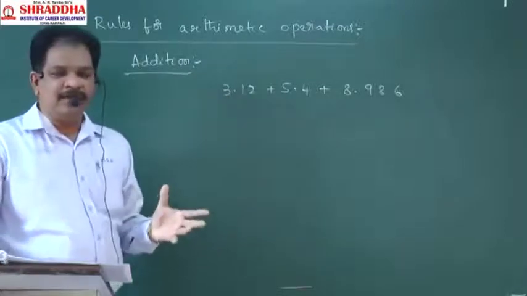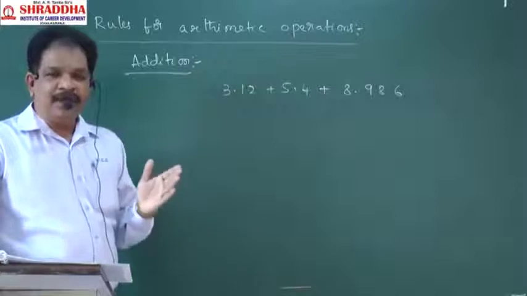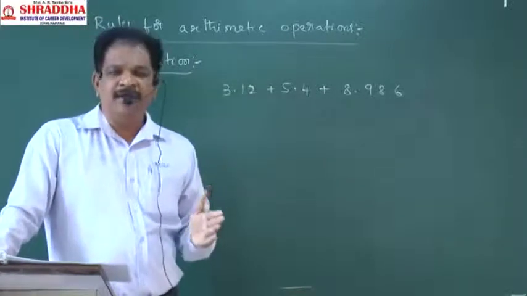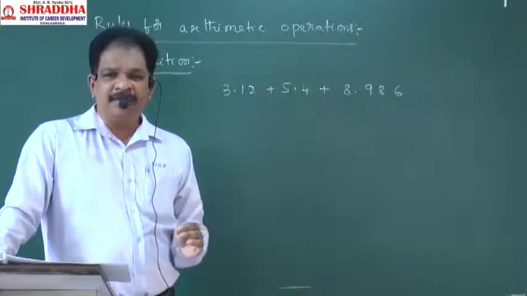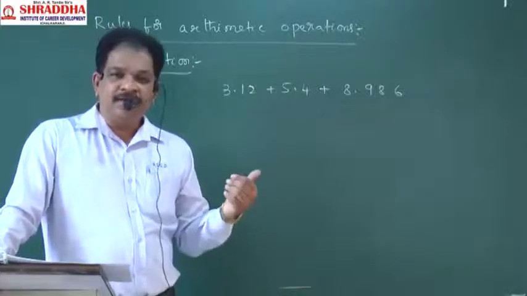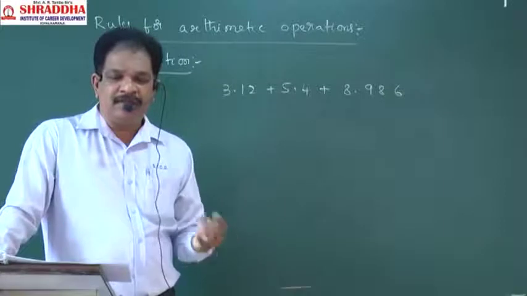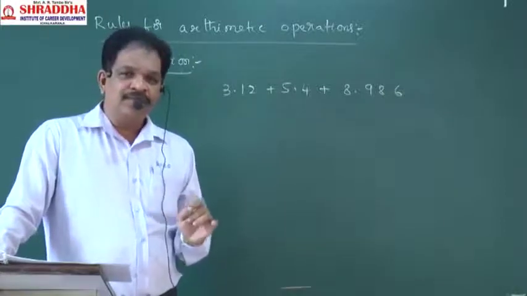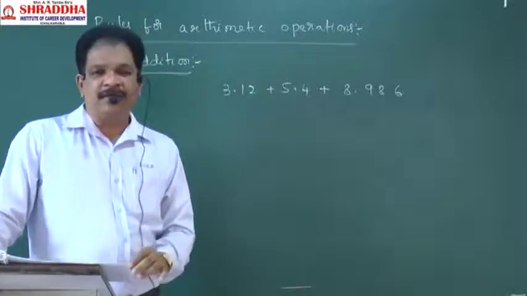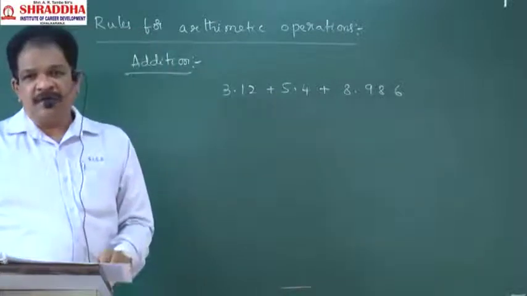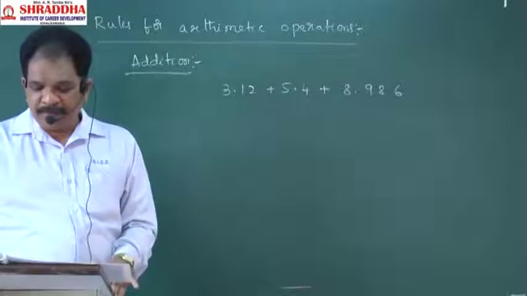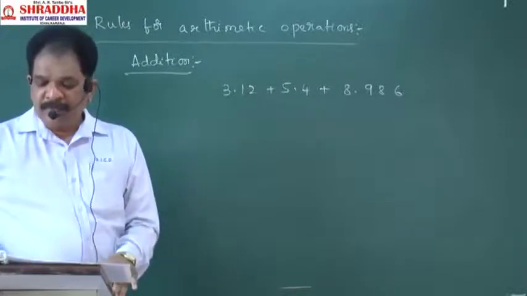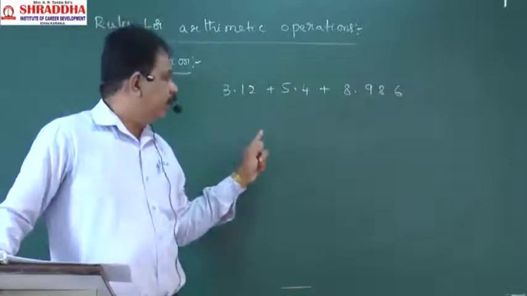So here this is not simple. We have to do addition or subtraction, multiplication or division with regard to the significant figures. Significant figures are important here. So in addition or subtraction, after the decimal point, how many significant figures are there? You identify.